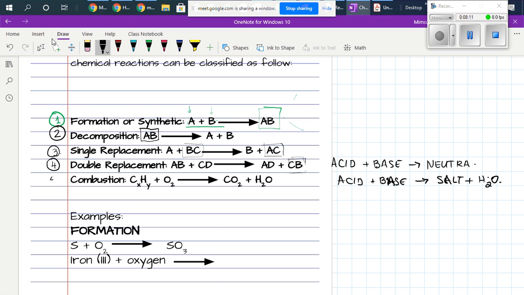The fifth type of reaction is combustion, when we have a hydrocarbon compound that is burned in oxygen to form carbon dioxide and water.